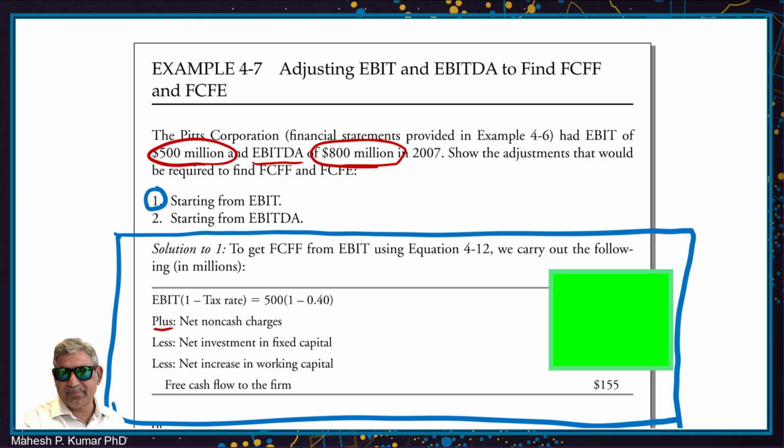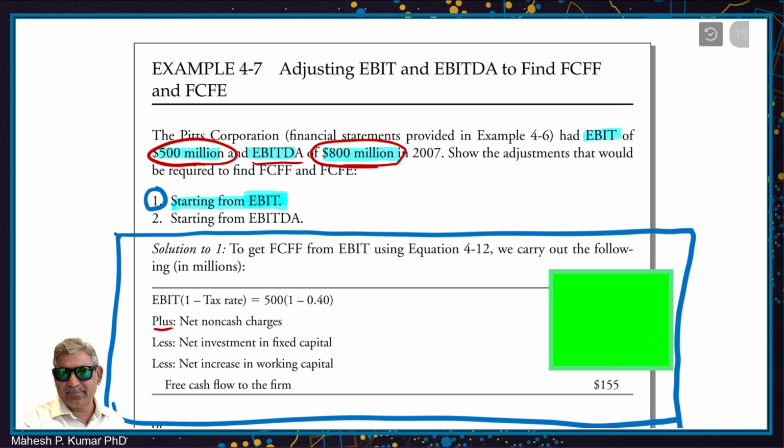Let us work this one with an example. Here this company has EBIT of $500 million and EBITDA of $800 million, and we are calculating the free cash flow to the firm starting with EBIT.